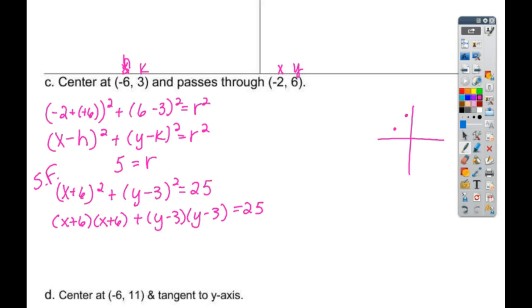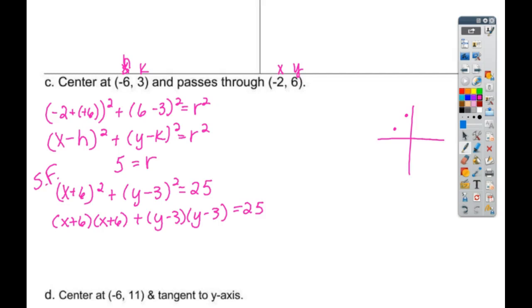It's 36 plus 9. What? 36 plus 9. No. 36 plus 9? Yeah. 25. You said 42. Yes, we can. Just multiply. Why 20? Because this is 36 and then plus 9 and then subtract 25. Oh, I didn't know it was supposed to subtract. Got to set it equal to 0.